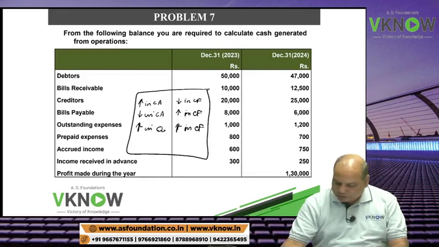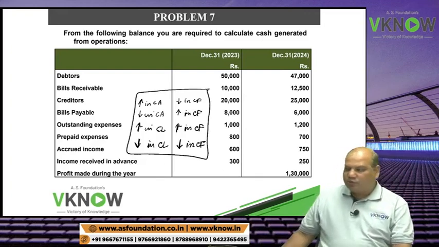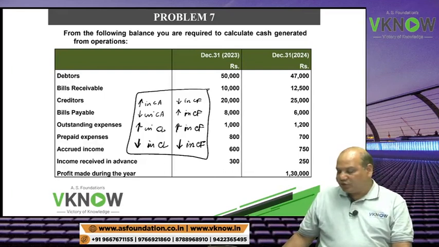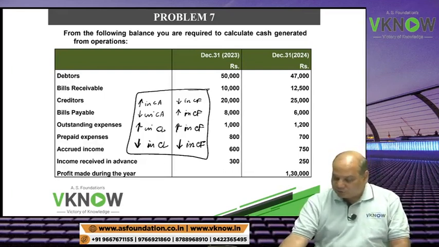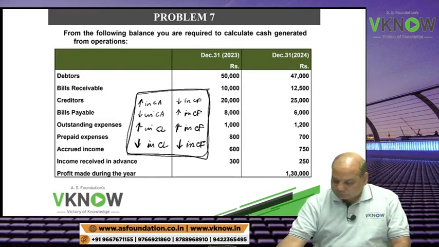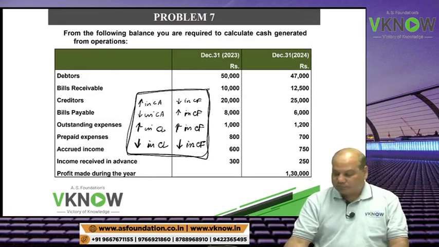And decrease in current liability, decrease in cash flow. The logic was explained in the first lecture. Four examples were dictated to understand this. So just keeping this in mind, we will solve the problem.